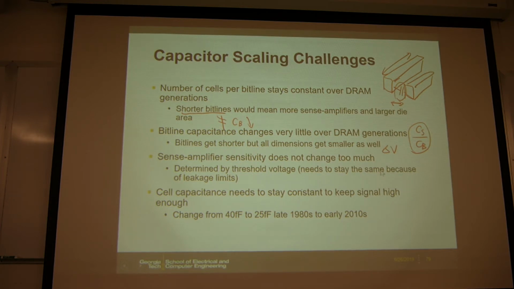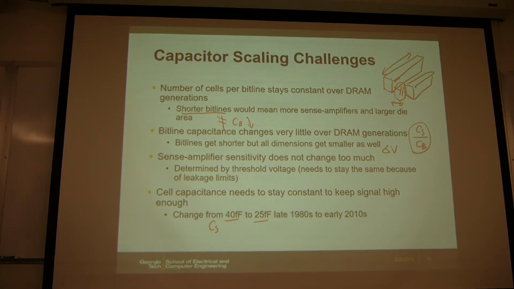So that means you have to keep CS over scaling. And here are some practical values. It says that the CS value changed from like 40 femto to 25 femto from the 1980s to the early 2010s.